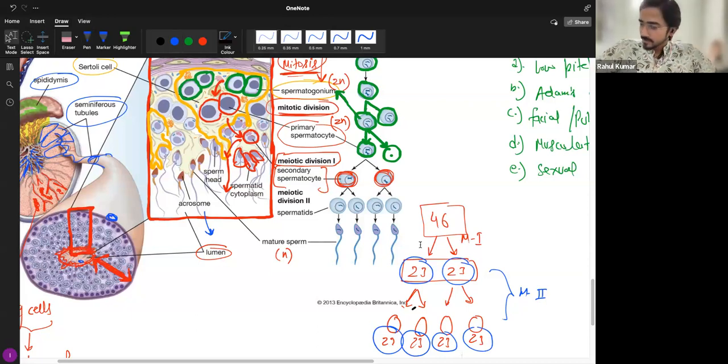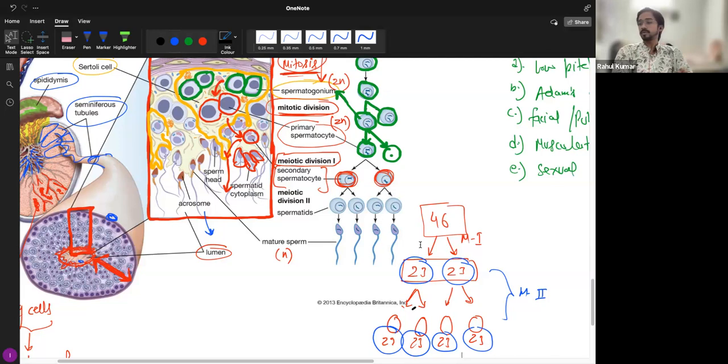That's why, write down this, it's very important. If these concepts have not been cleared in class 10th, this is the time to clear them. Meiosis 1 is reductional in nature, whereas meiosis 2 mimics mitosis.